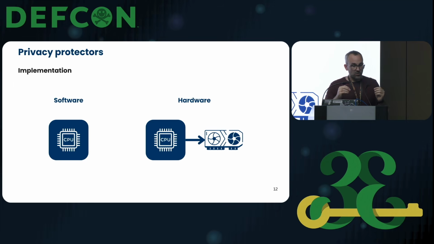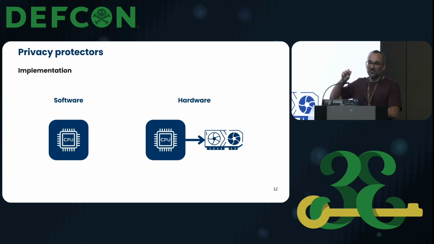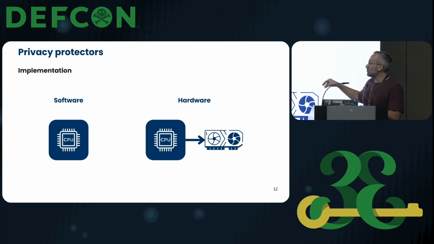Okay, so we know now that the algorithms are based on mathematical logic operations, so we need to make them reality. We need to implement them. We have two different ways of implementing this kind of algorithms: the software implementation and the hardware implementation. The software is easy.